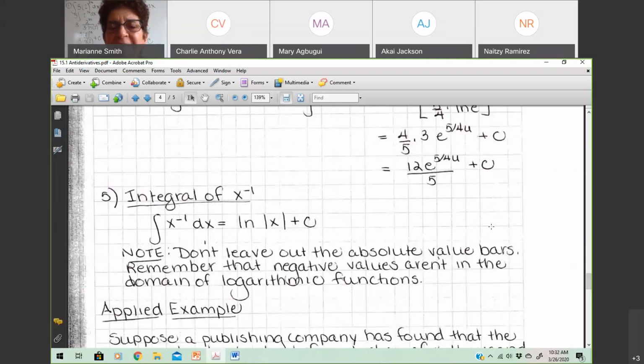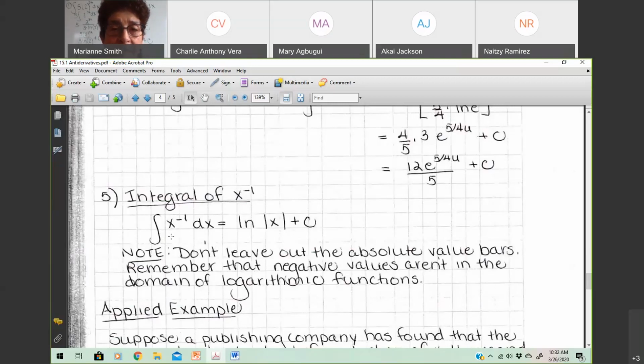Basically, when you do power rule integration, you're going to add 1 to the exponent. Well, if the exponent's -1 and you add 1 to it, you're going to get a 0 as your exponent. And x to the 0 is 1. So you will have lost your variable. That's why the power rule doesn't work when the exponent is -1 on x.